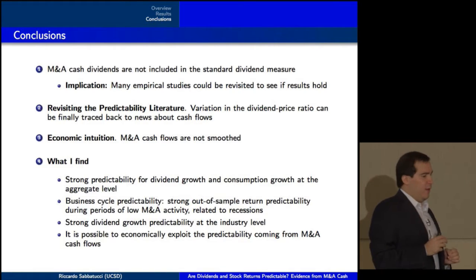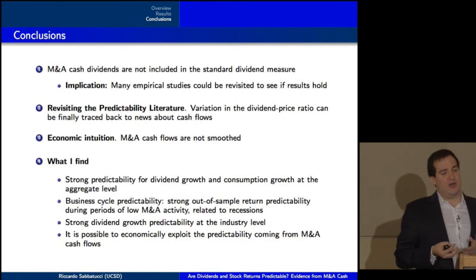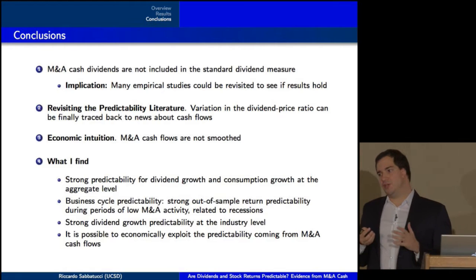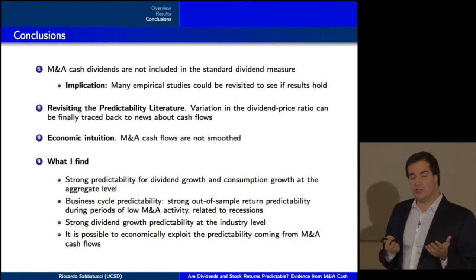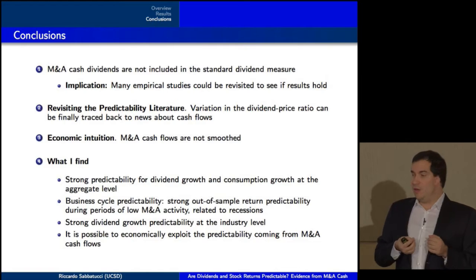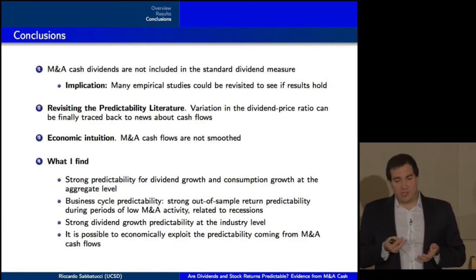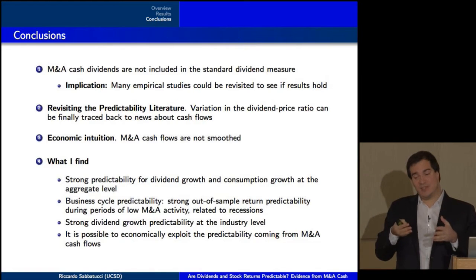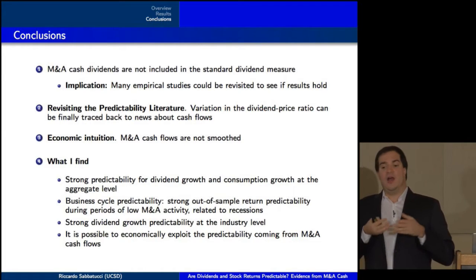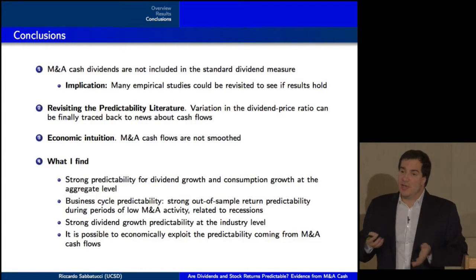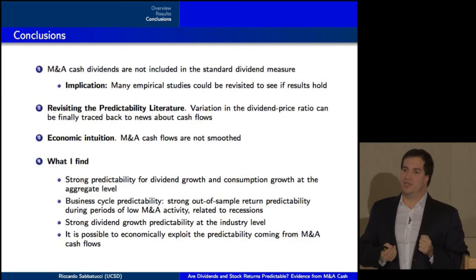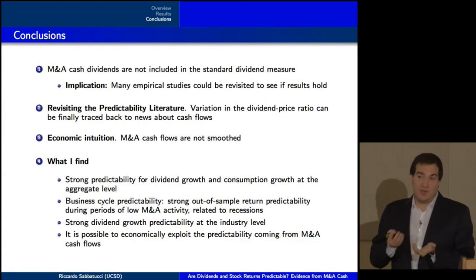Conclusion. M&A cash dividends are not included in the standard dividend measure that is often used in empirical papers in asset pricing. An implication of this is that if these cash dividends coming from M&A activities are basically liquidation dividends, and every single one of the shareholders receives them, then we should include them in the dividend measure.